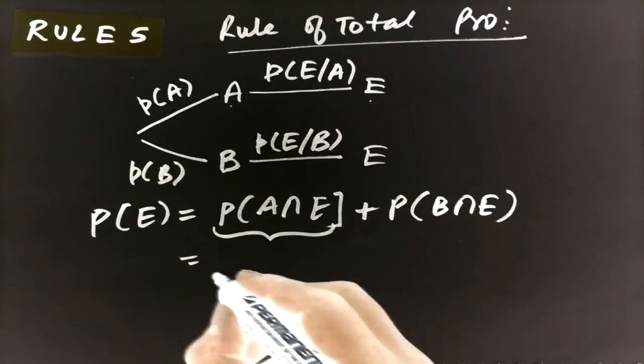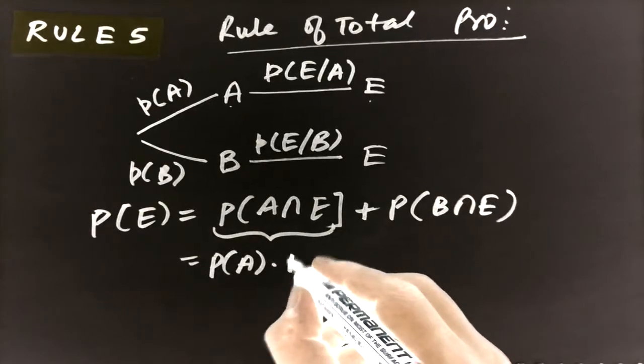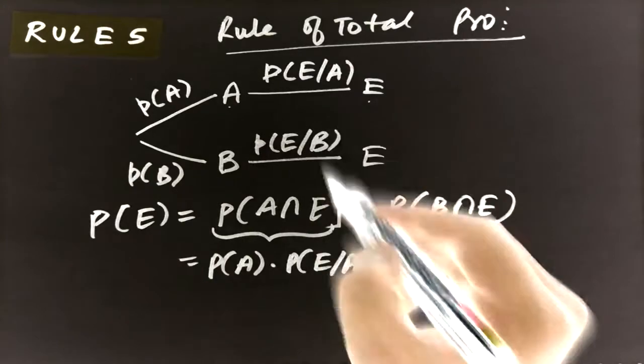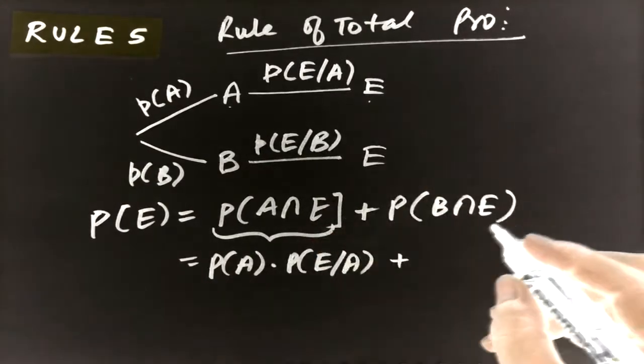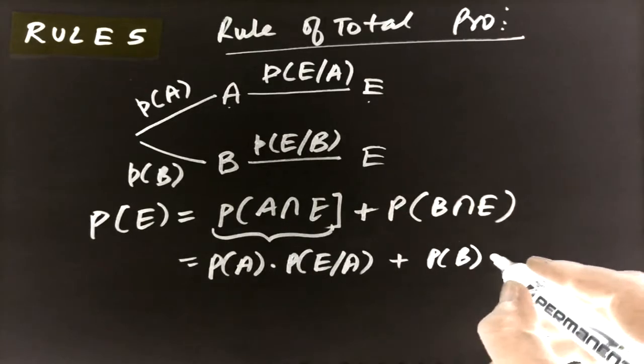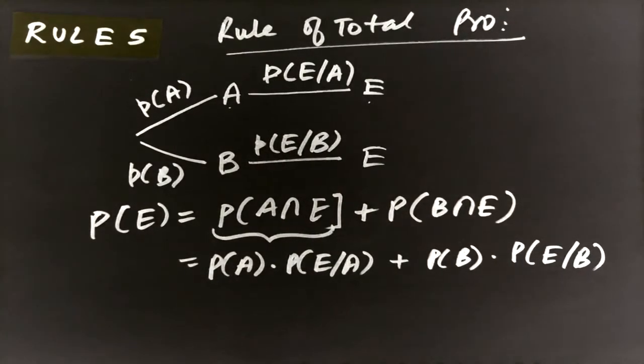So it will come out to be probability of A into probability of E upon A plus we will get this one. So for this we need probability of B into probability of E upon B. It's simple I guess. This is called the rule of total probability.